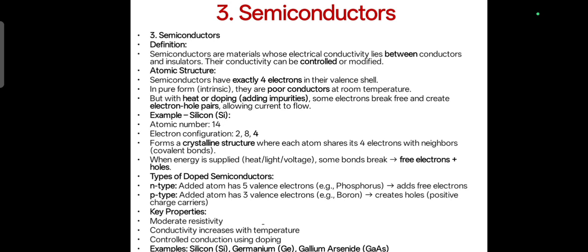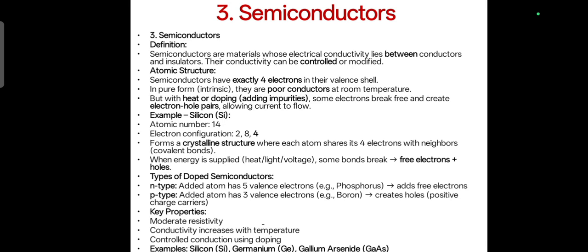In n type, the impurity atom that we are adding has 5 valence electrons. An example of that impurity is phosphorus, which adds free electrons. Similarly in p type semiconductor, we are adding an atom which has 3 valence electrons in the outermost shell.